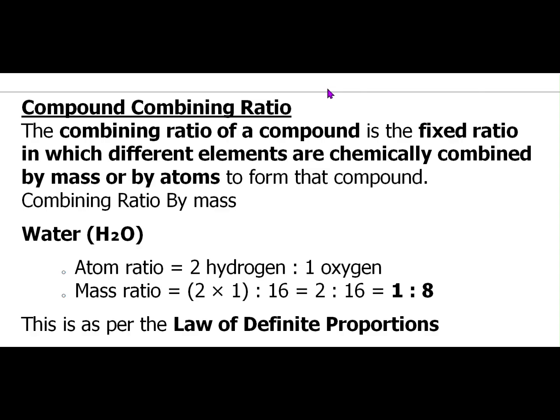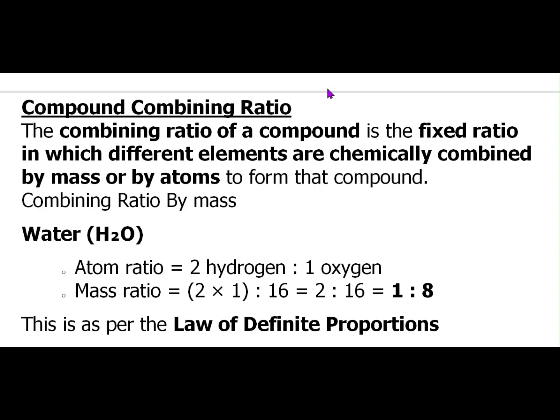But what is the mass ratio? There are two hydrogen atoms. The mass of hydrogen is 1 AMU. The mass of oxygen is 16, given when compared to the carbon atom, which we already studied, with 12 as the basis. So 2:16 is the mass ratio, which equals 1:8.